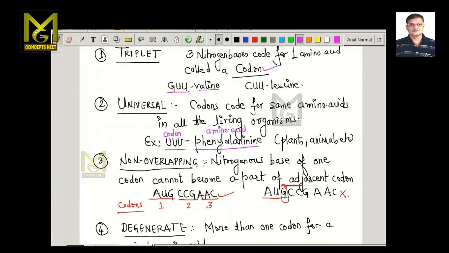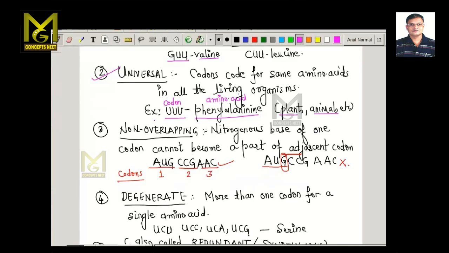It is observed that this codon, which codes for a specific amino acid, is present in plants, in animals, in bacteria, and in all the microorganisms. So that indicates that the genetic code is universal in nature, that is, the codons code for the same amino acids in all living organisms.